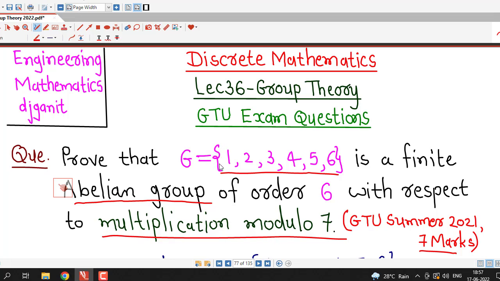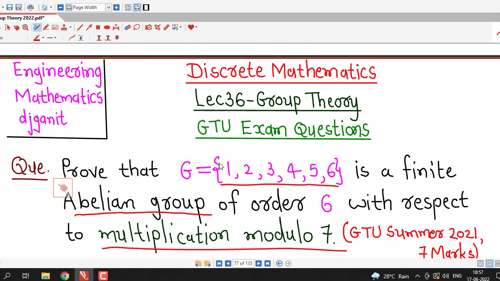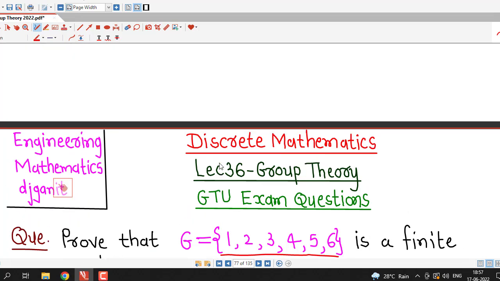So this is a modulo group, as we have discussed in some of the previous lectures, that whenever our operation is multiplication modulo or addition modulo, the set does not have integers as its elements. Here 1, 2, 3, 4, 5, 6 are not considered as integers.